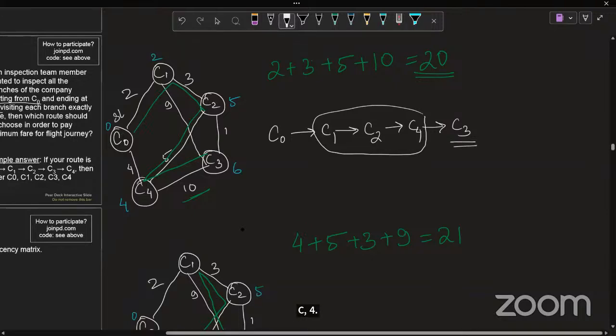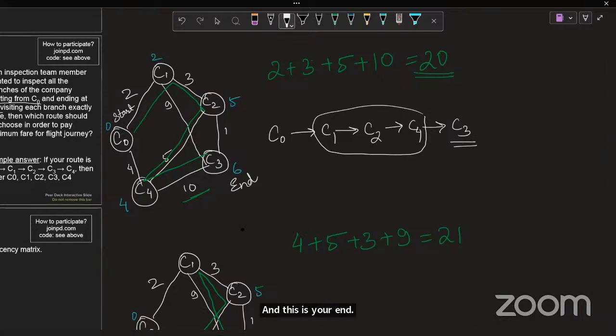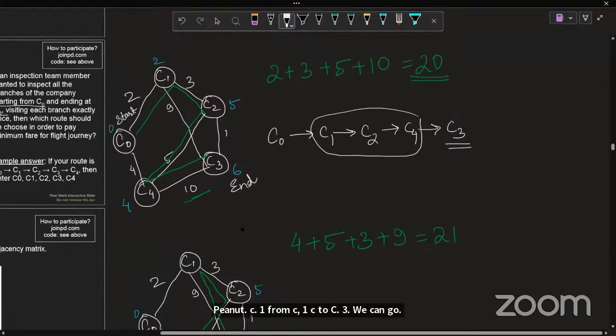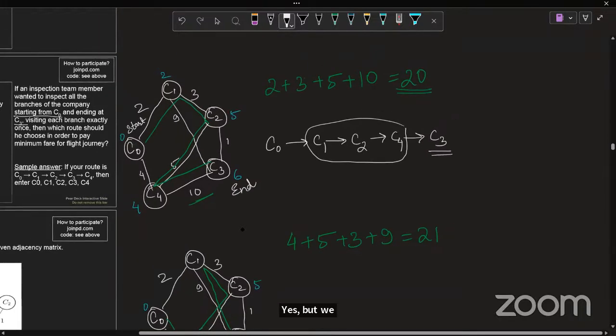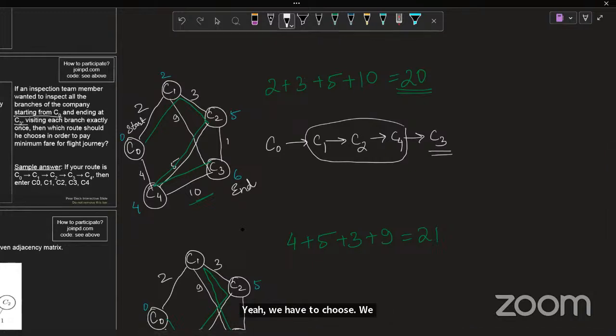This is your start, and this is your end. Yeah, C0, C1, from C1, C2, C3 we can go, no? Yes, but we will be missing out C4. We have to cover all the vertices, right? You have to visit each vertex.